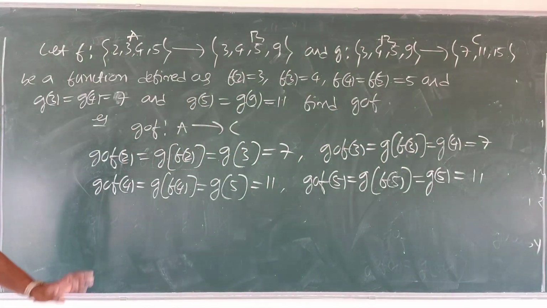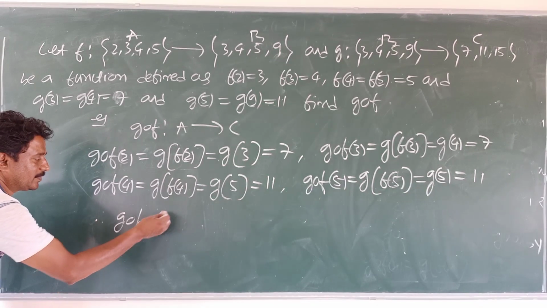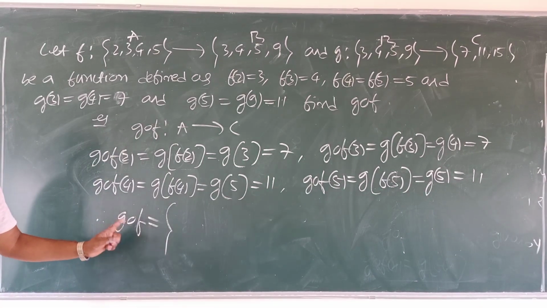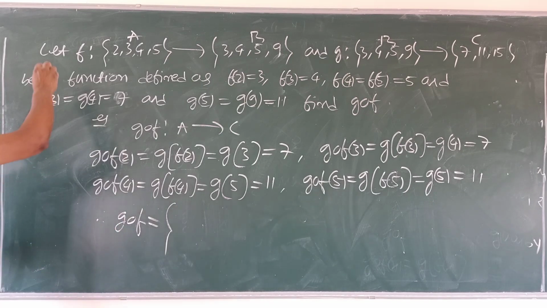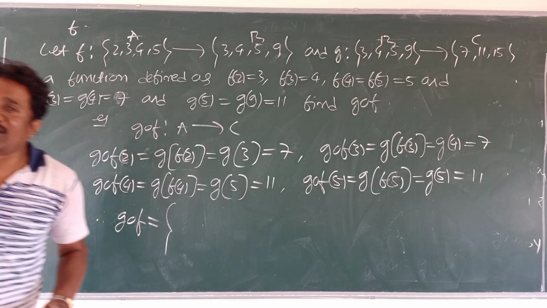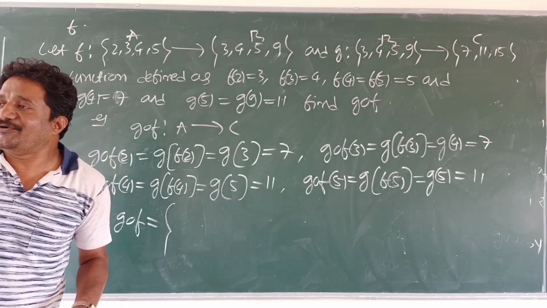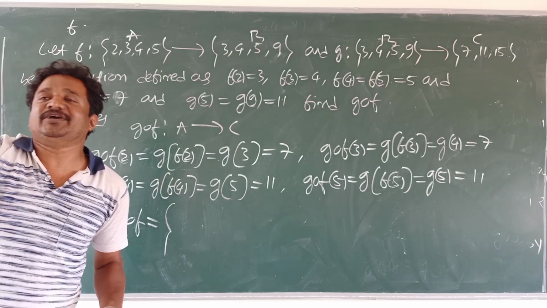Now let us write the elements of g o f. Therefore, g o f means (g o f)(x) only. In short form, we always write f(x) as f and (g o f)(x) as g o f.